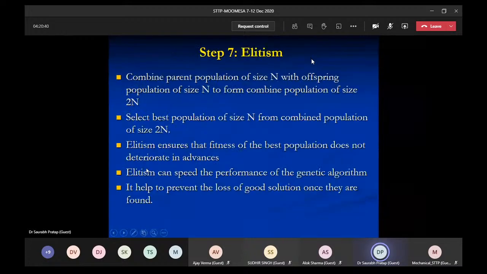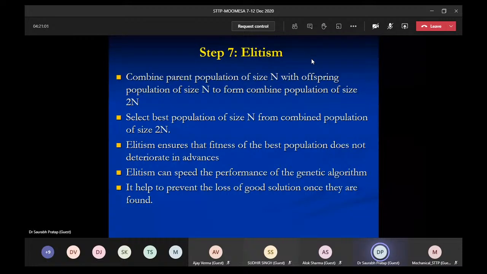Then elitism occurs. Elitism is a process in which we combine the populations. We have n parent population and n child population, and in total that will be 2n.